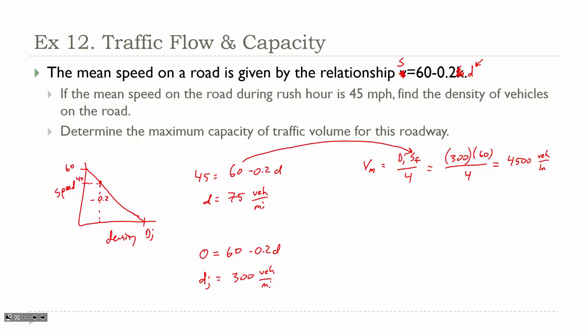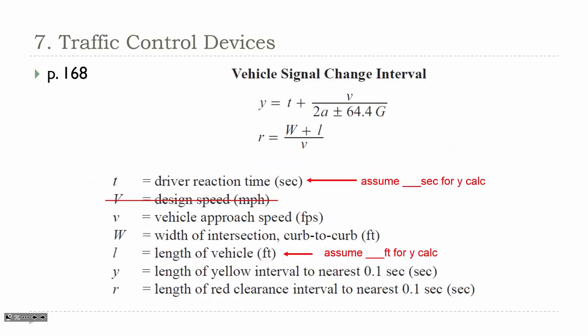Questions on that one? Everybody got it? This was vehicle signal change interval, so we have the yellow time and the all red time.